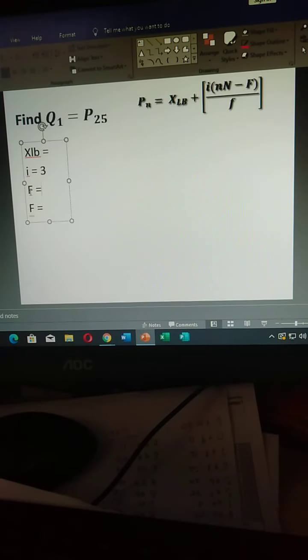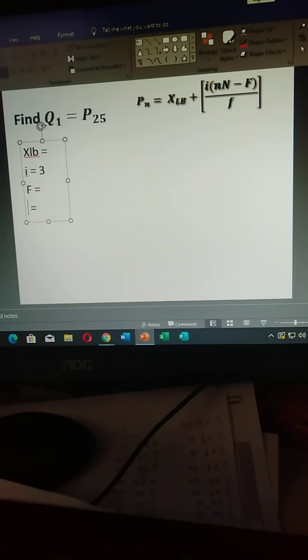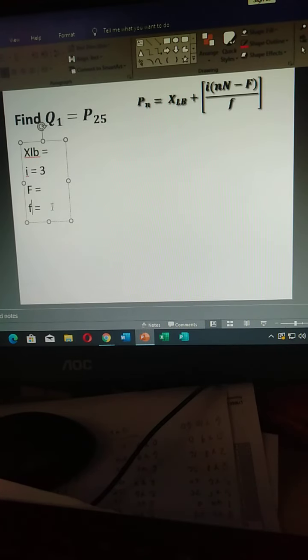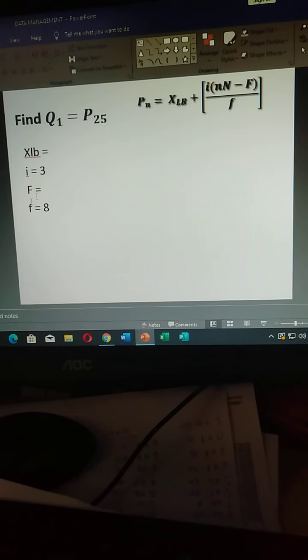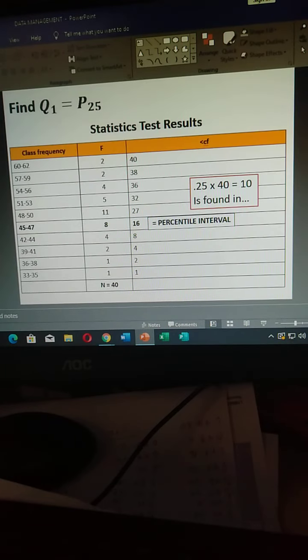Ayan. This is the small letter f. The frequency of the interval class or the percentile interval is 8. Diba? Given naman here, 8. And then, ano naman yung frequency natin before the percentile interval?